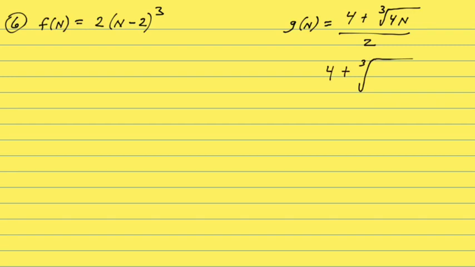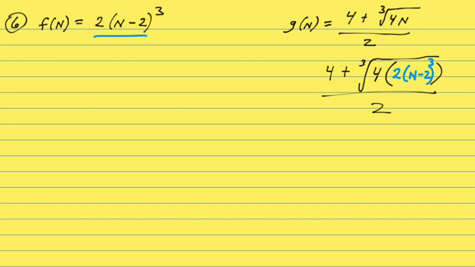Cube root of 4 times n, and this is all over 2, right? So I'm going to replace the variable n with the other expression, which is 2 times n minus 2, and that is cubed, right?